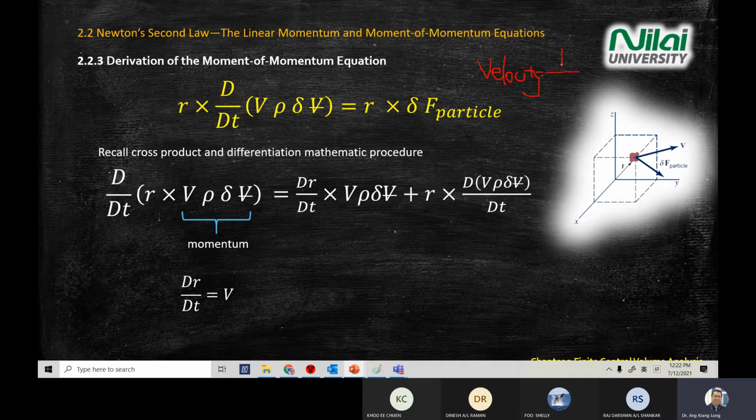Same here, in this case r is a distance. So if you take distance r divided by t, you get velocity, v. So when you substitute this with v, you are seeing a cross product of v cross v.